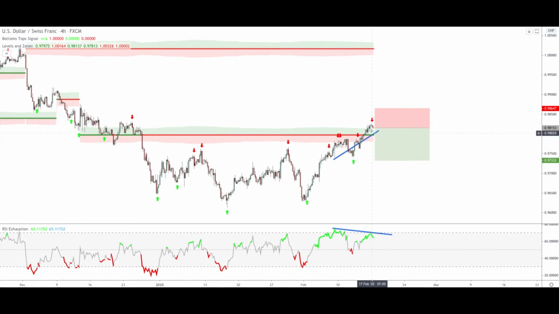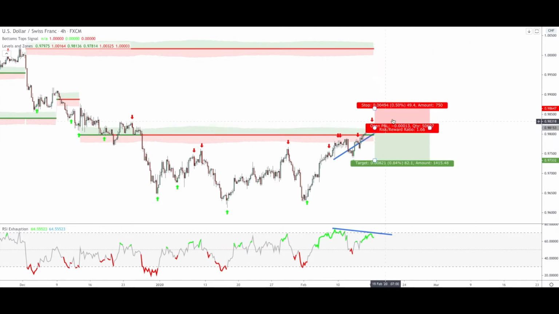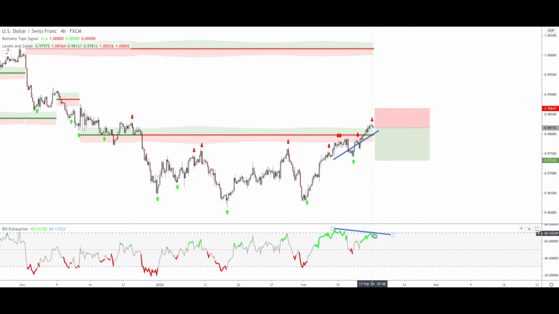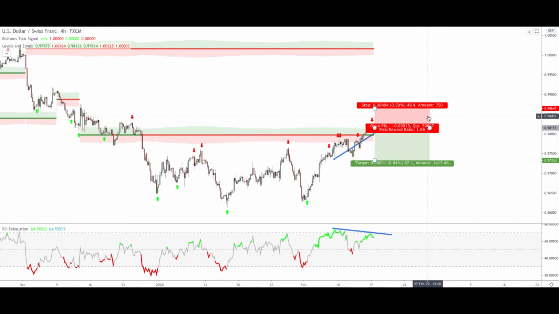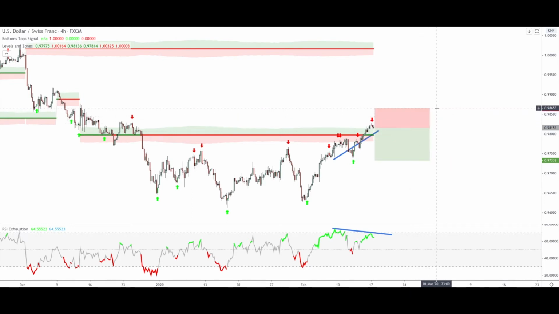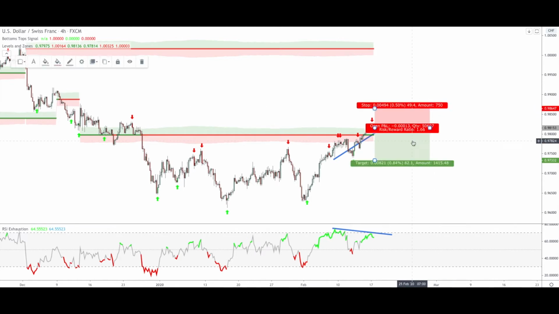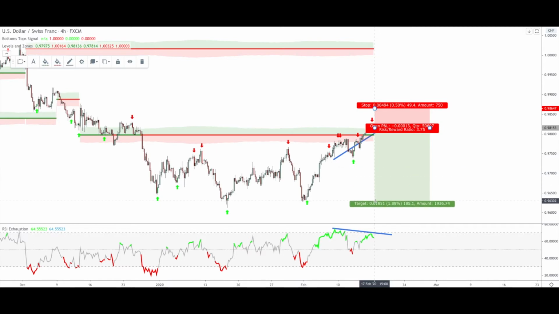So even if the price moves a little bit higher, and it could, because we might have some more divergence, we should be safe enough. If we are not, well, of course we will get a losing trade, but let's hope for another winning trade.